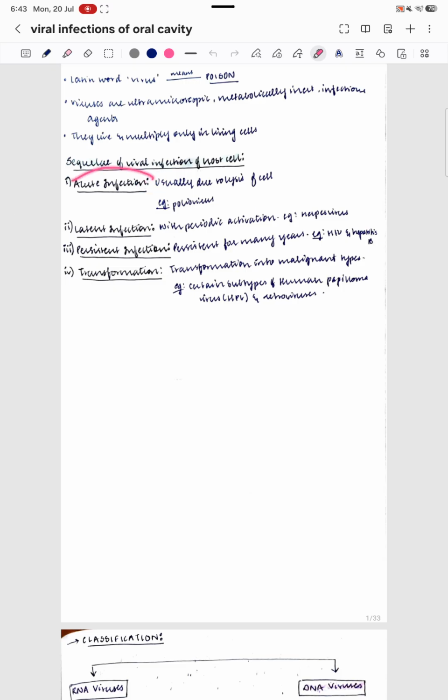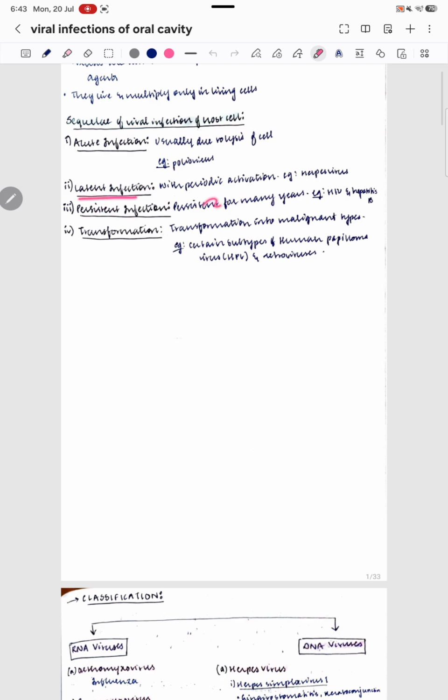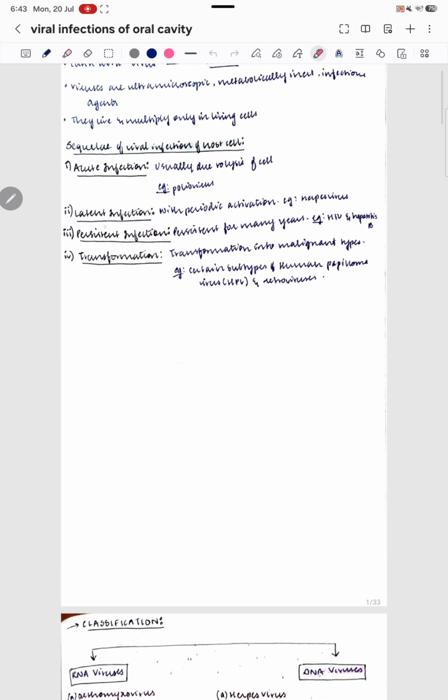First is acute infection, which usually is due to the lysis or the breakdown of the cell. Then there is latent infection with periodic activation, which we will come to know later.